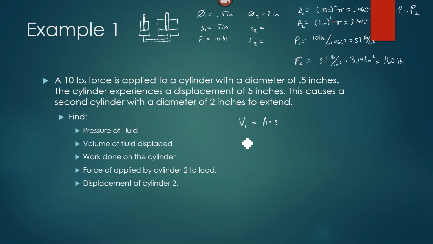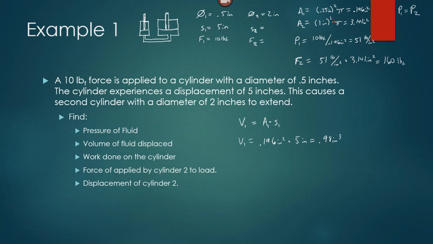So V1 equals area 1 times displacement 1. So area 1 is 0.196 inches squared times the displacement, which is 5 inches. That's going to give us a total displacement of 0.98 inches cubed.